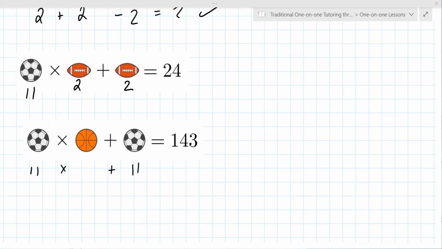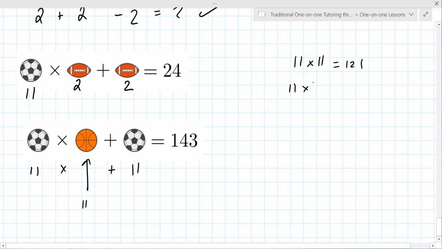So 11 times 11 plus 11 equals 143. You think this is the correct answer? Maybe I'll make it 12. Yeah, because 11 times 11 is 121, and 11 times 12 is 132. So that's 12. I agree.